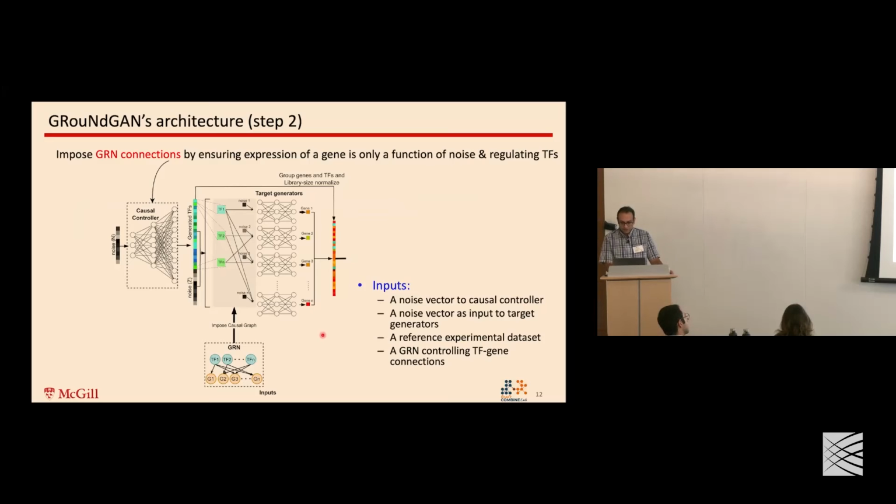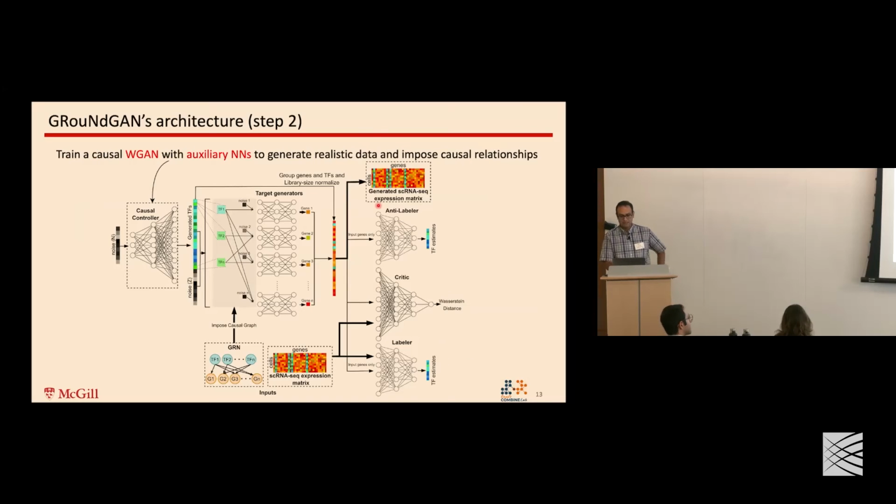And in the third set of steps or modules, again, we have three neural networks. One of them is the critic, which is a Wasserstein critic that uses Wasserstein distance to score the realness of the samples. We know what it does. And then we also have the labeler and anti-labeler.